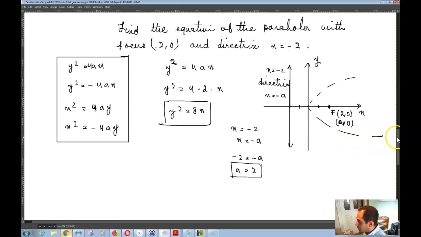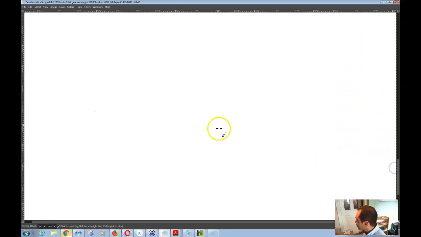Or let's suppose, as another example, that you want the parabola with vertex at (0, 0) and the focus at (0, 2), and you want to find the equation.